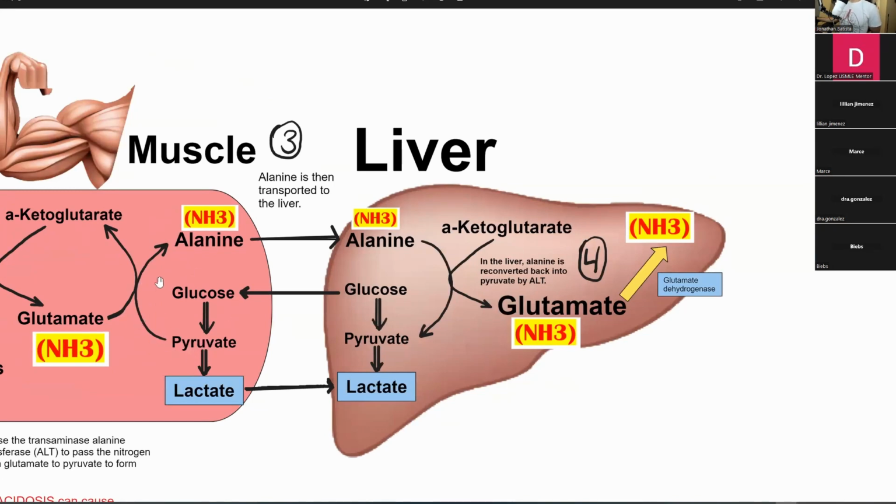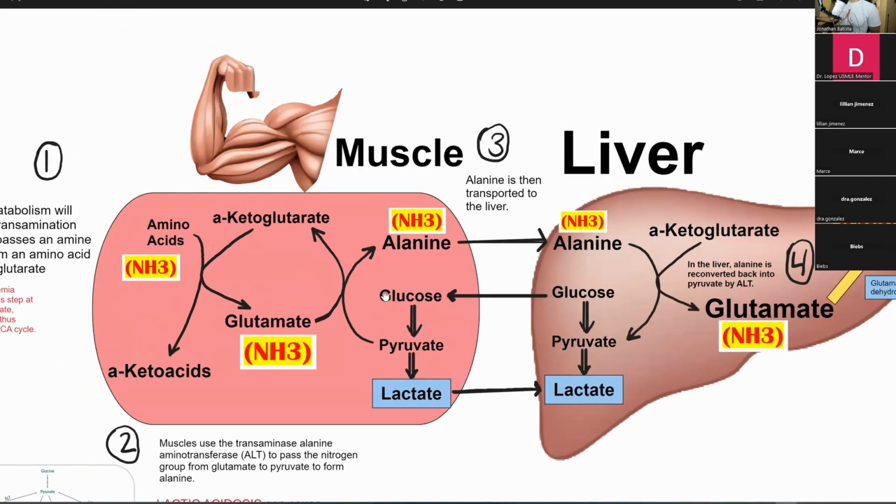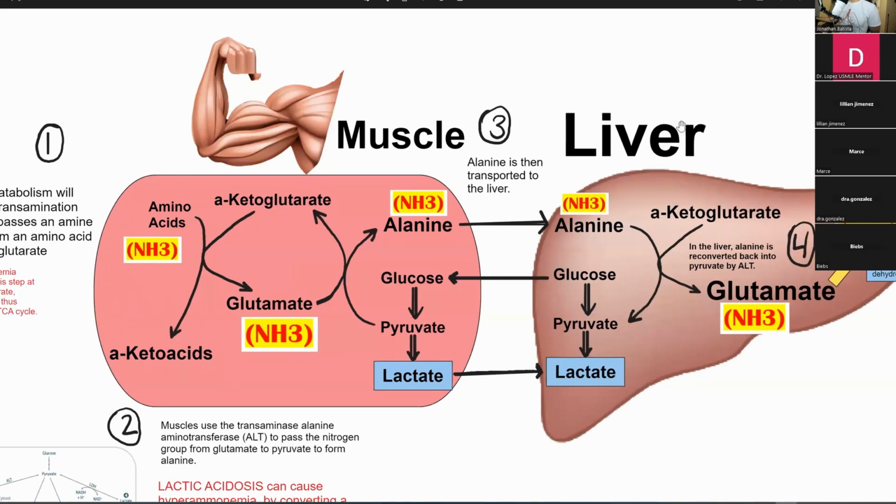Basically, you're seeing pyruvate turning into alanine. Pay close attention to that, and I'll tell you why. Because we mentioned before, when you have an imbalance in NADH versus NAD, your pyruvate will be incentivized to turn into lactate.